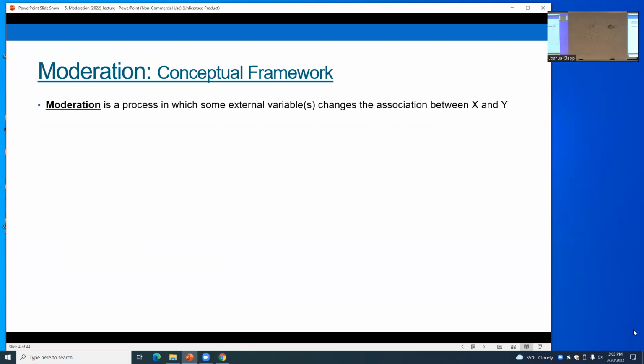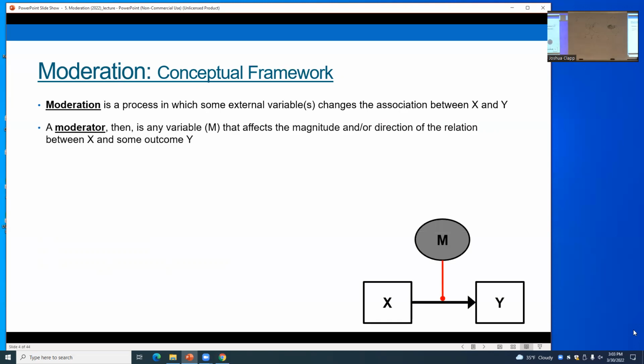We've talked about this before in our means-based analyses. Anytime we're looking at an interaction, whether it's an ANOVA or repeated measures ANOVA, we're talking about moderation, right? We're saying this is the association between two variables, and this changes depending on some third factor, okay?